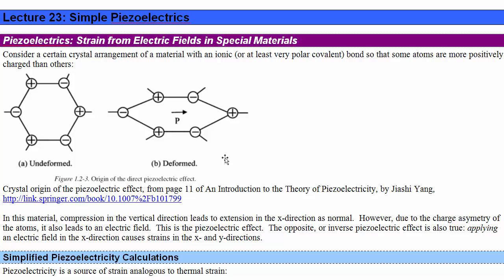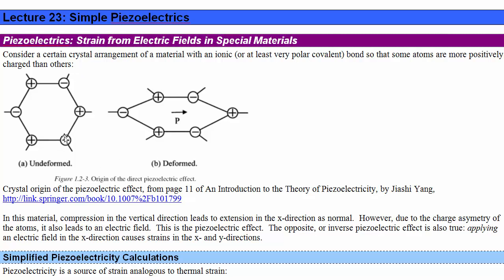So in piezoelectric materials, there's a crystal asymmetry, so there's an asymmetric crystal structure, and there's also a charge asymmetry. You might have some atoms that are more negatively charged than other atoms, perhaps because they are more electronegative, so they hold on to the charge a little bit more than the other atoms do.